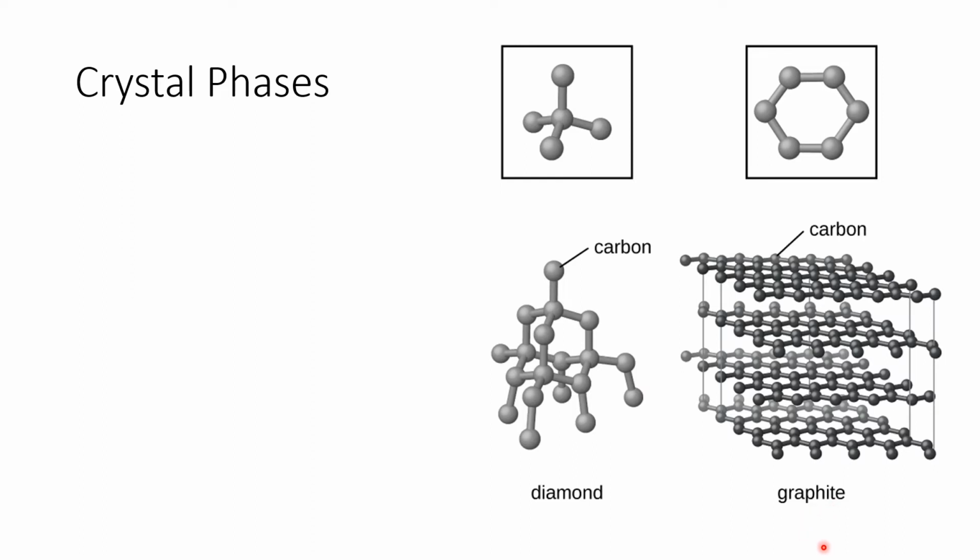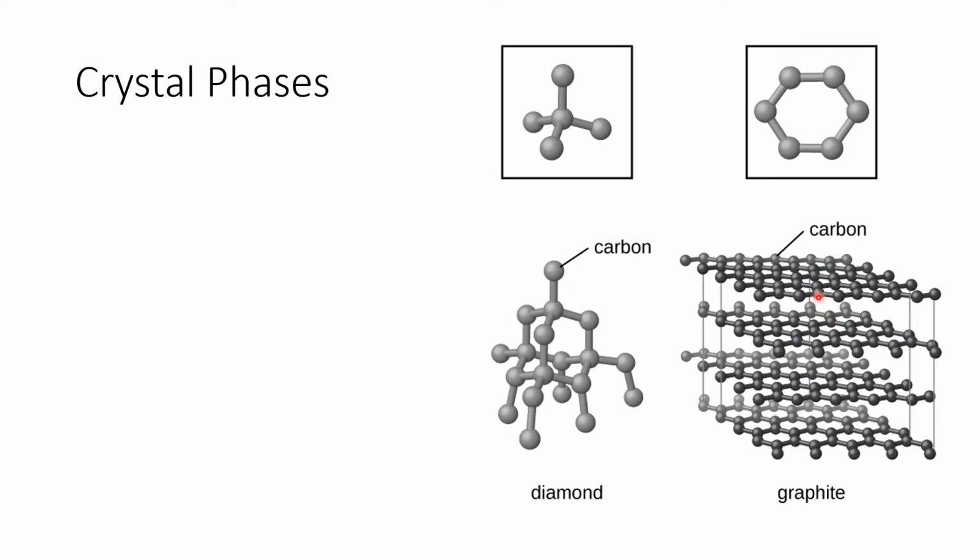The difference in the hardness of diamond being 10 and the hardness of graphite being a 1 is because graphite's sheets are only held together, linking back to our last lecture, by the dispersion forces. Some people would say pi stacking here, but that's beyond the intent of this course.